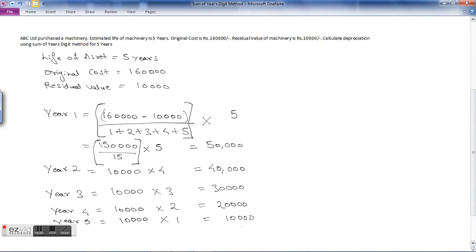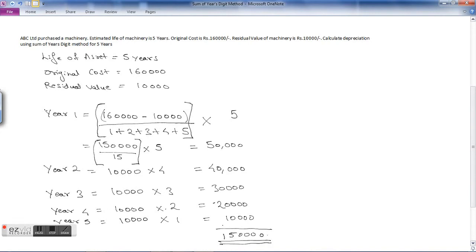So 10,000. So now if you calculate the total amount of depreciation, it has to come to original cost minus the residual value, that is 1,50,000. So let's calculate. 50,000 plus 40,000 is 90,000, then 1,20,000, then plus 20,000, 1,40,000, and it comes to 1,50,000.